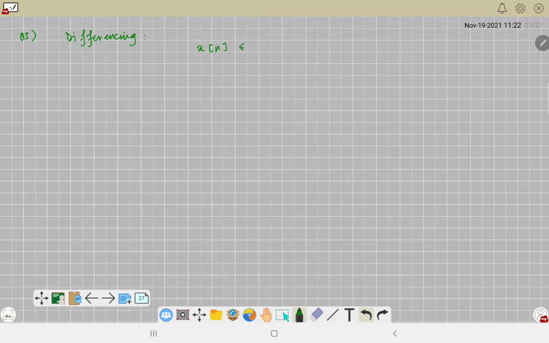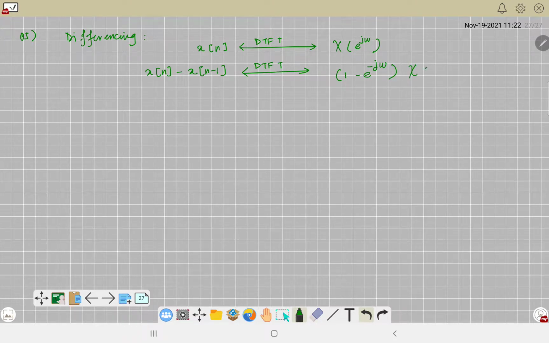Again, if I have x[n] and it transforms under the discrete time Fourier transform into X(e^{j omega}), then if I define a difference expression, it is just that from the current sample you are subtracting the previous sample. Since a subtraction operation is involved, we say this is a difference equation. So its discrete time Fourier transform will be 1 minus e raised to the power minus j omega, times X(e^{j omega}).